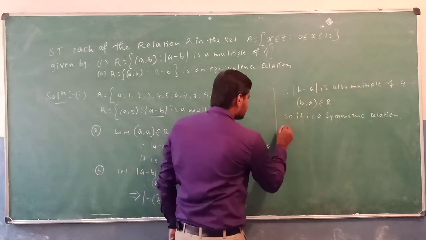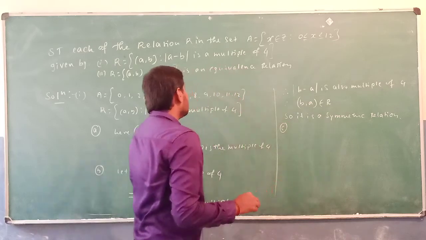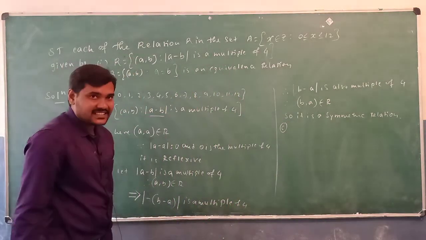The third is to show that the given relation is a transitive relation.